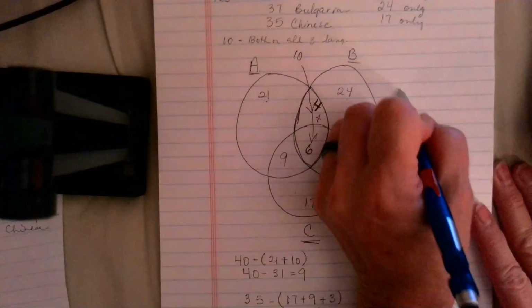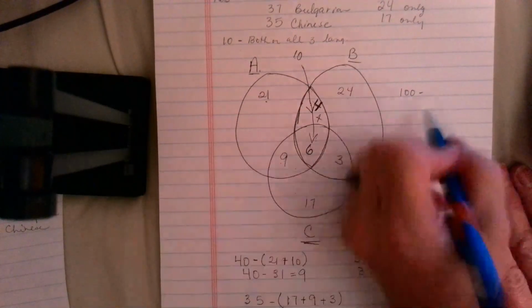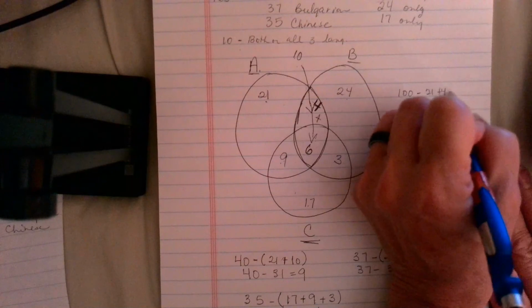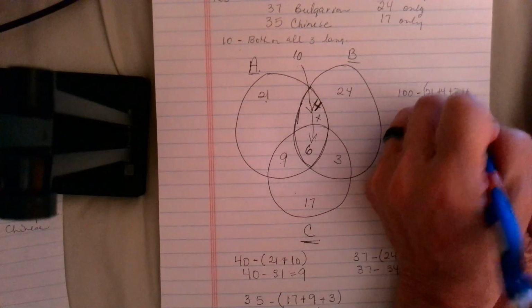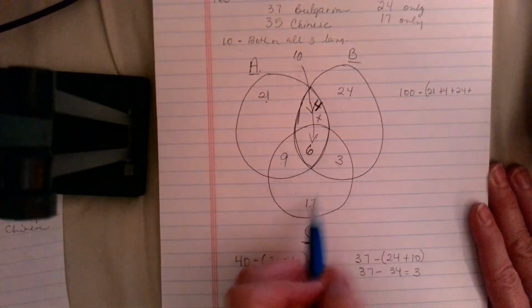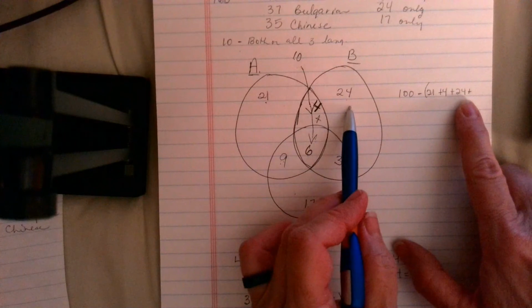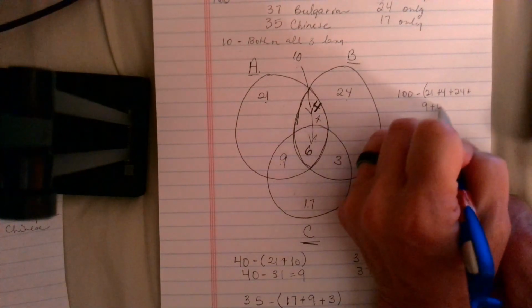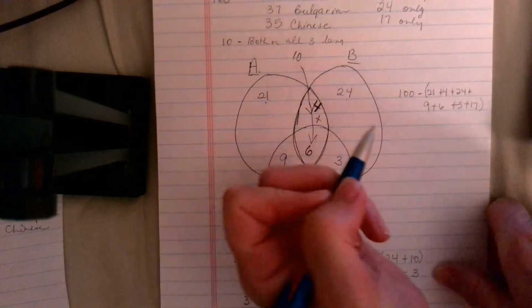So if I have 100 total students, then I'm going to subtract out the 21 plus my 4 plus my 24 plus, and all I'm doing is adding all of these numbers. The 21, the 4, the 24, then I'm going to do the 9 plus the 6 plus the 3 plus the 17.